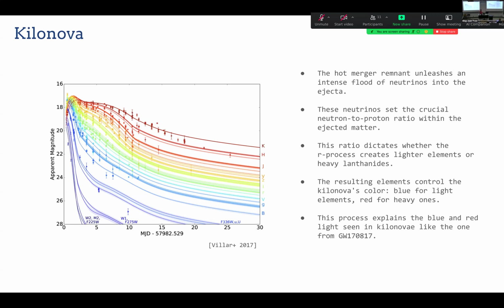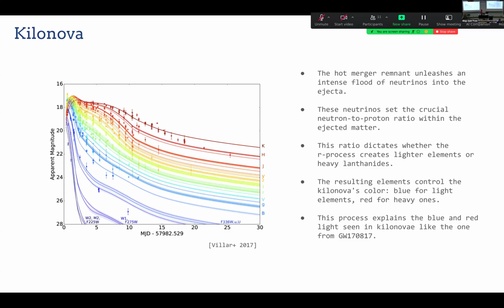The hot merger unleashes a flood of neutrinos into the ejecta, and the neutrinos are important to control the neutron to proton ratio within this ejected matter. This ratio ensures what type of elements get created, whether they're light or heavy.